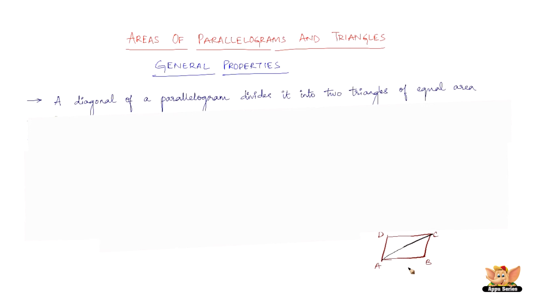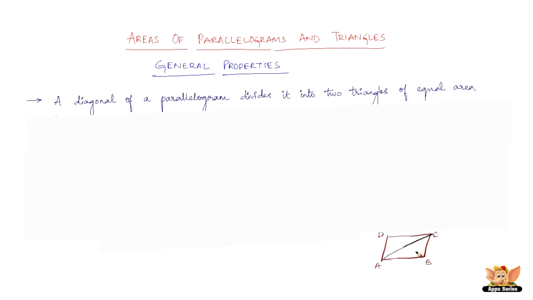What this diagonal does to the figure ABCD is that it splits it into two triangles of equal area. And this is very specific to the quadrilateral called a parallelogram. So the area of triangle ABC is equal to the area of triangle ADC. That's exactly what the first property means.